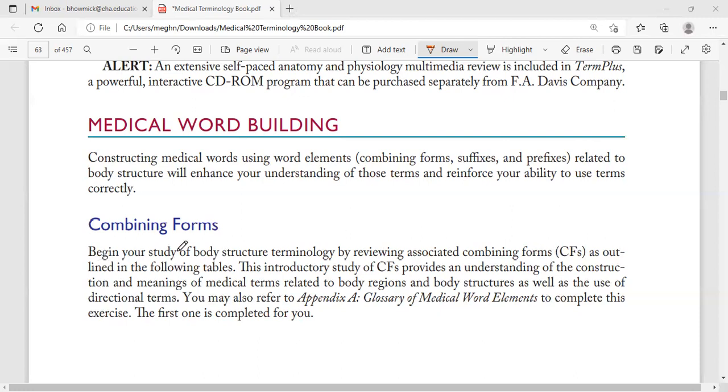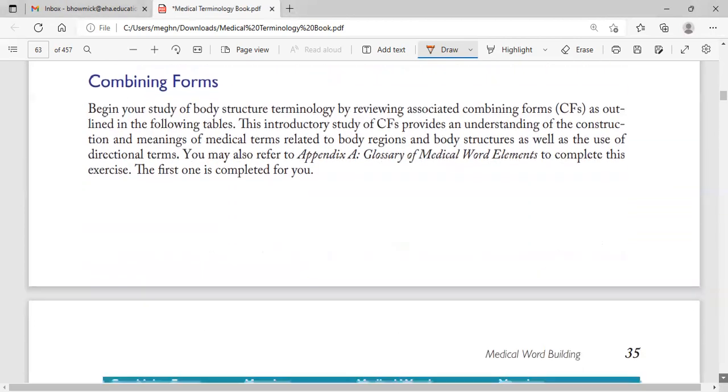This introductory study of combining forms provides an understanding of the construction and meaning of medical terms related to body regions, body structure, and directional terms. You may also refer to Appendix A, Glossary of Medical Word Elements, to complete this exercise, and this one is completed for you.